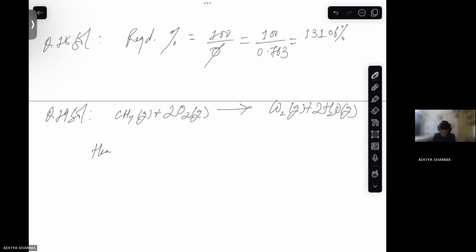So heat of combustion will be, for first of all carbon dioxide, which is minus 298.2. Then 2 into minus of 201.1.